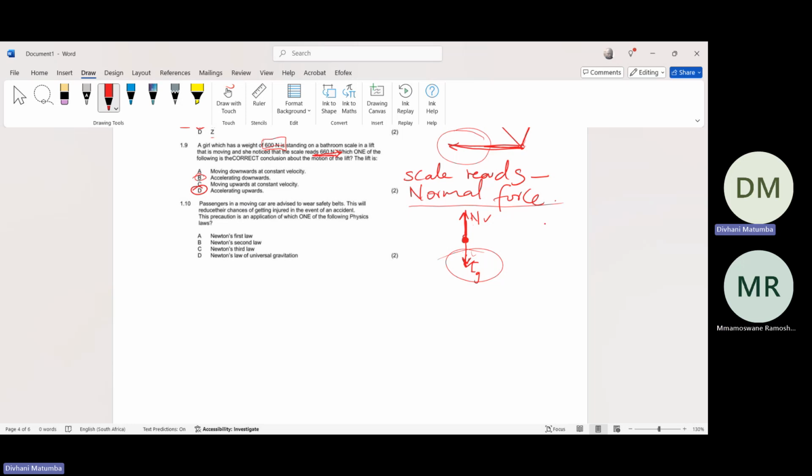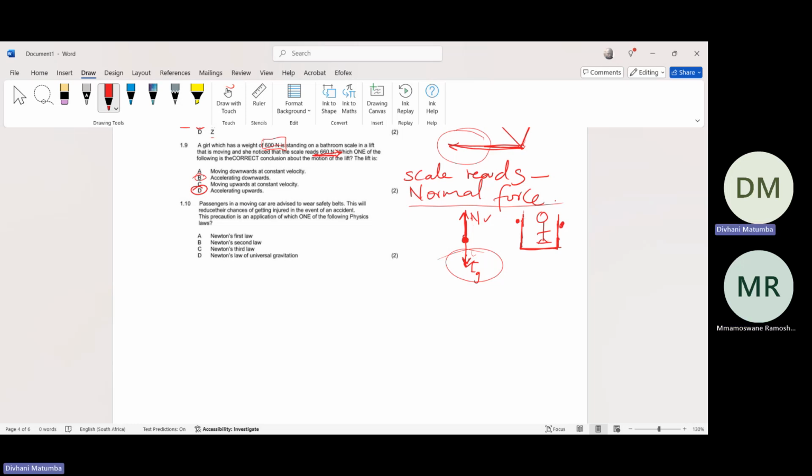I can guarantee you that if the belts inside the lift break and the lift starts moving in free fall, and you're on top of a scale, the scale will read 0.